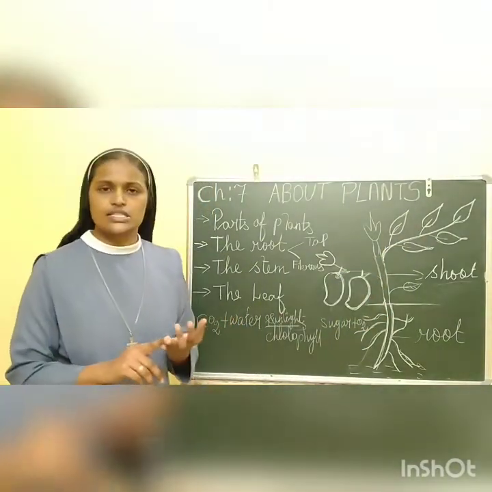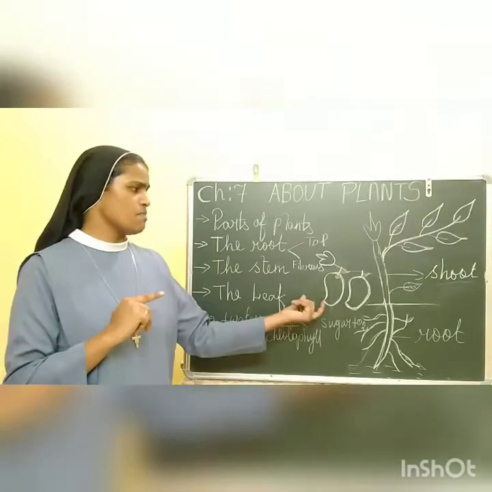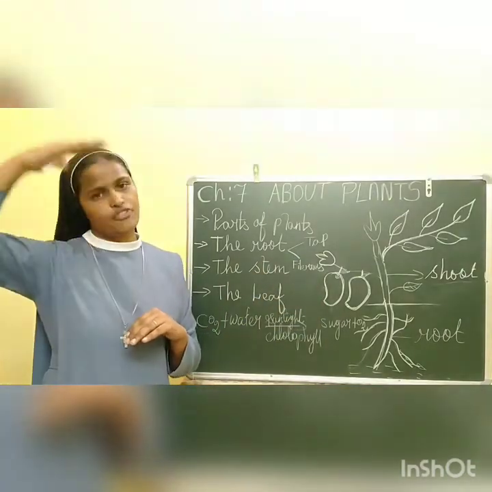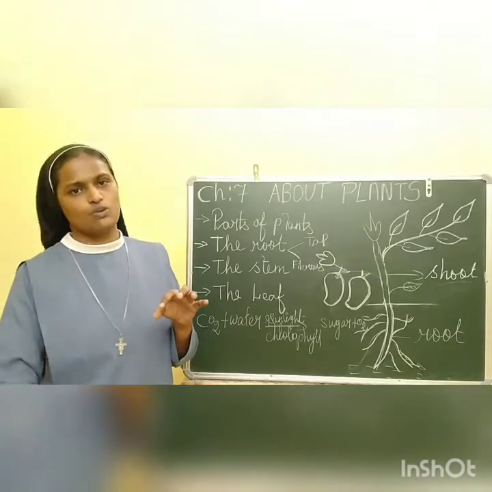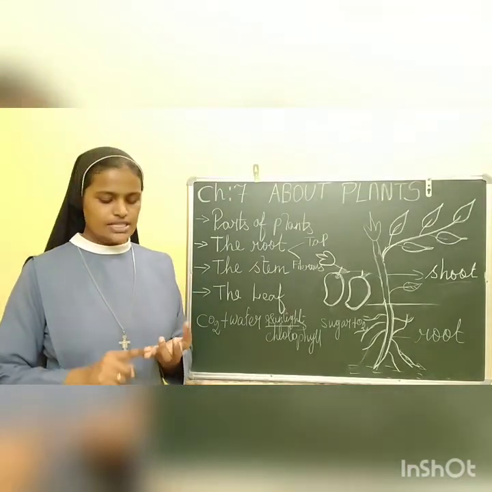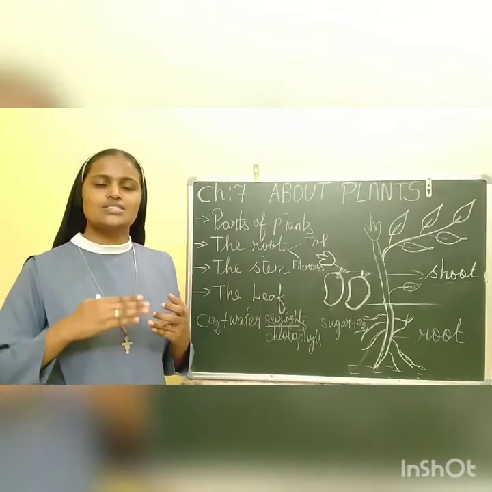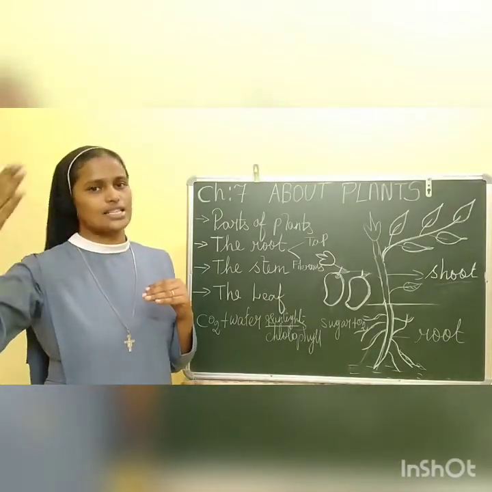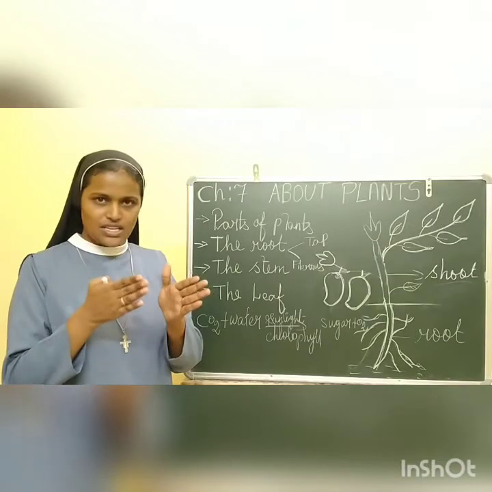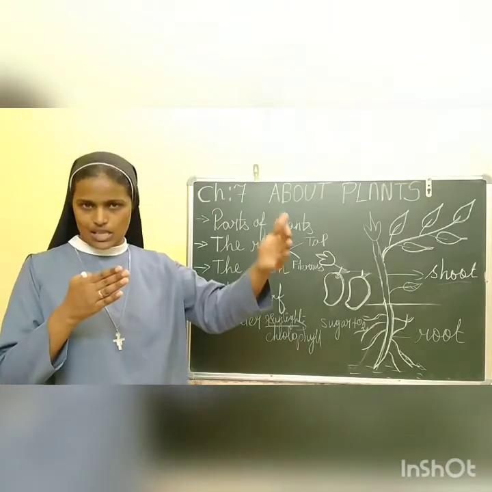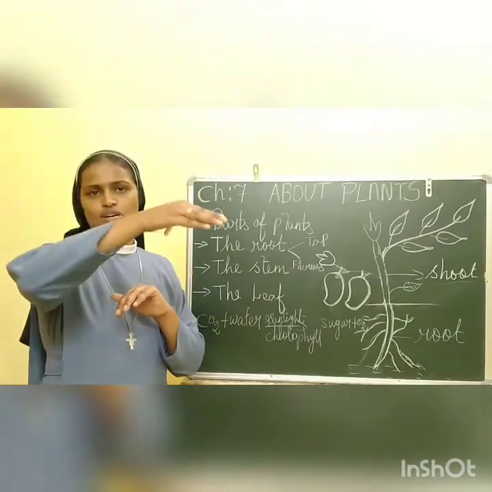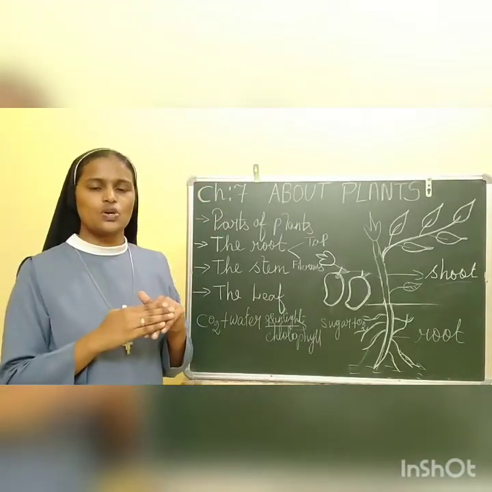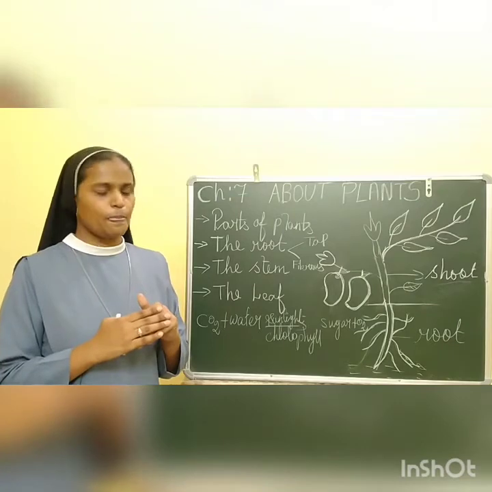The stem always grows upwards, whereas the root always grows downwards. And one more thing is that the stem always grows towards sunlight. If you keep the plant when the sun is on the left side, the plant turns towards the sun. So this is the main thing.